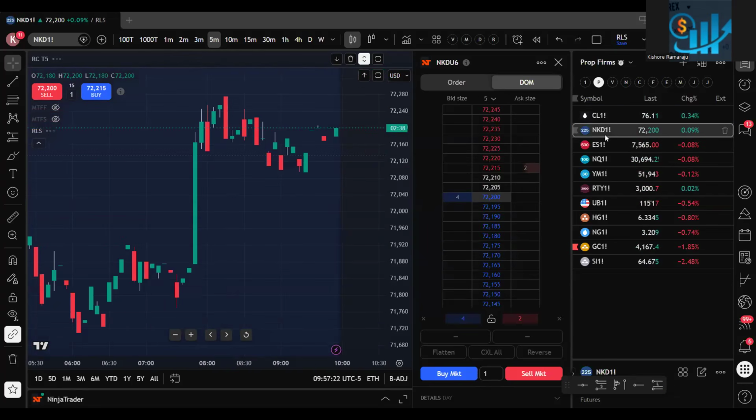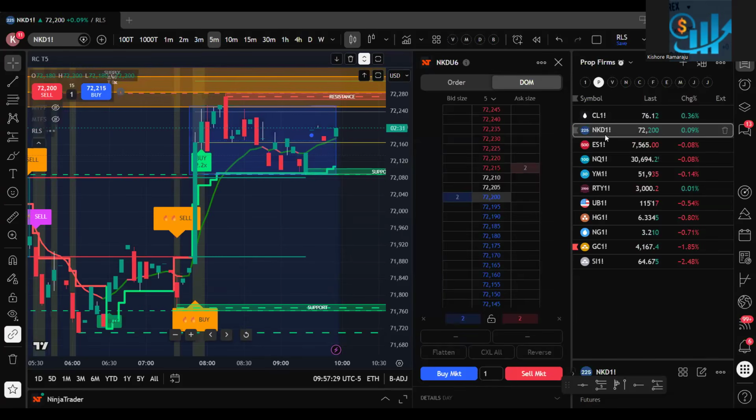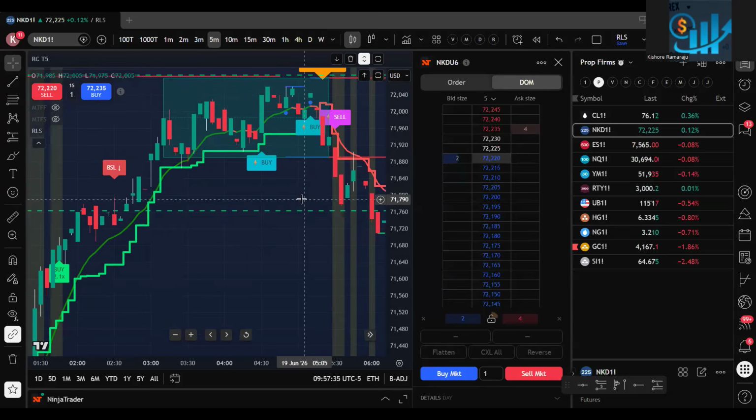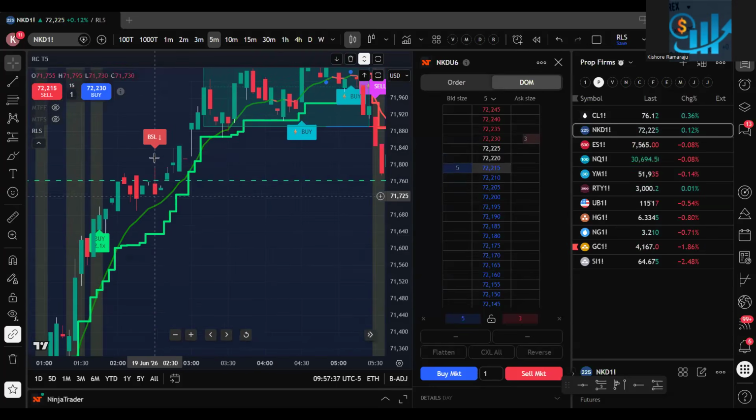NKD, got a buy side liquidity, but there is no follow up candle. If there were another red candles, there would have been a drop.